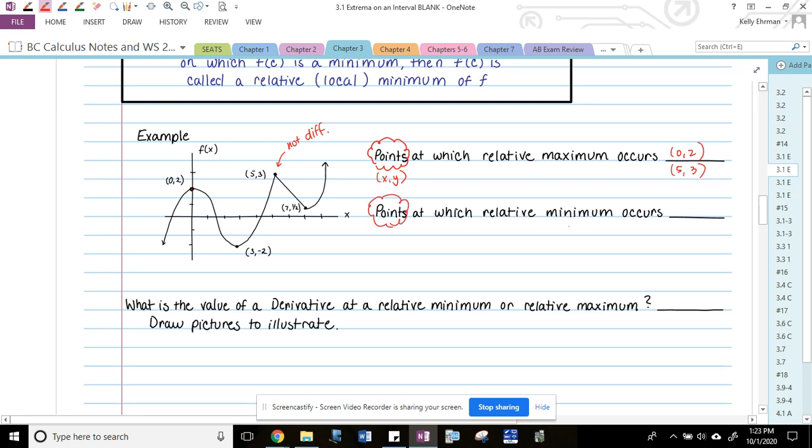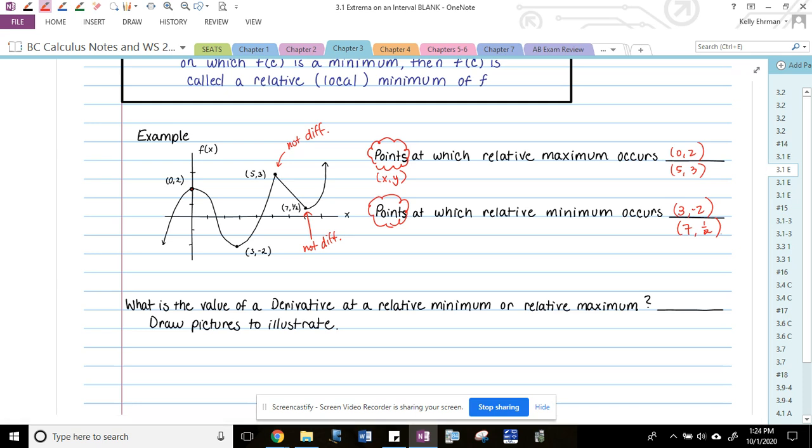Points at which a relative minimum occurs. Anytime we're changing from decreasing to increasing. So there's one at (3, -2). Even though the graph is not differentiable at this sharp turn, it's still a relative minimum at (7, 1/2). So what is the value of the derivative at a relative minimum or a relative maximum?